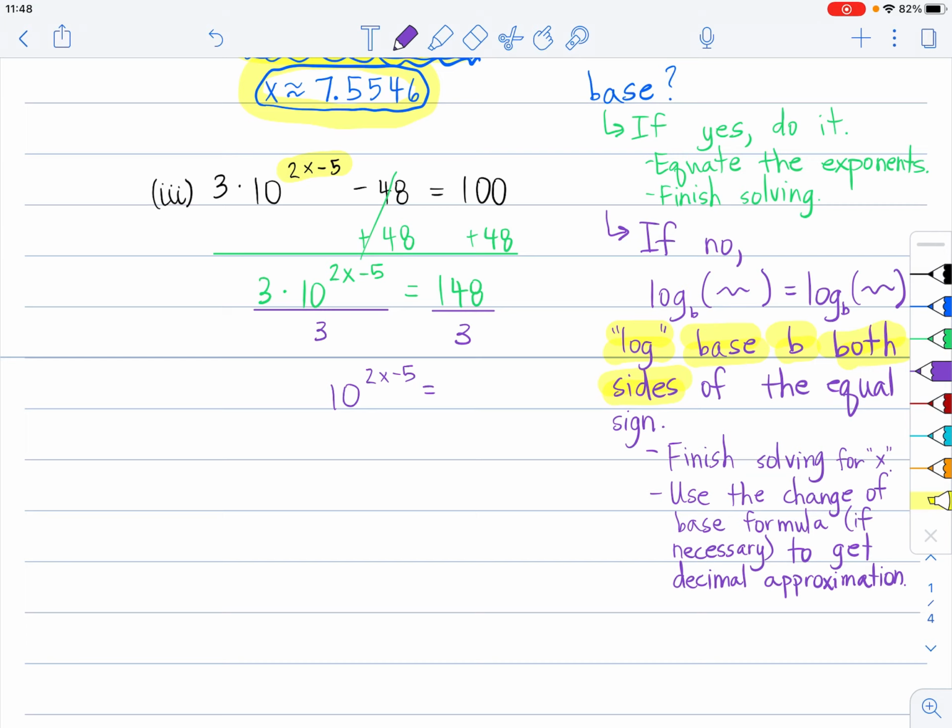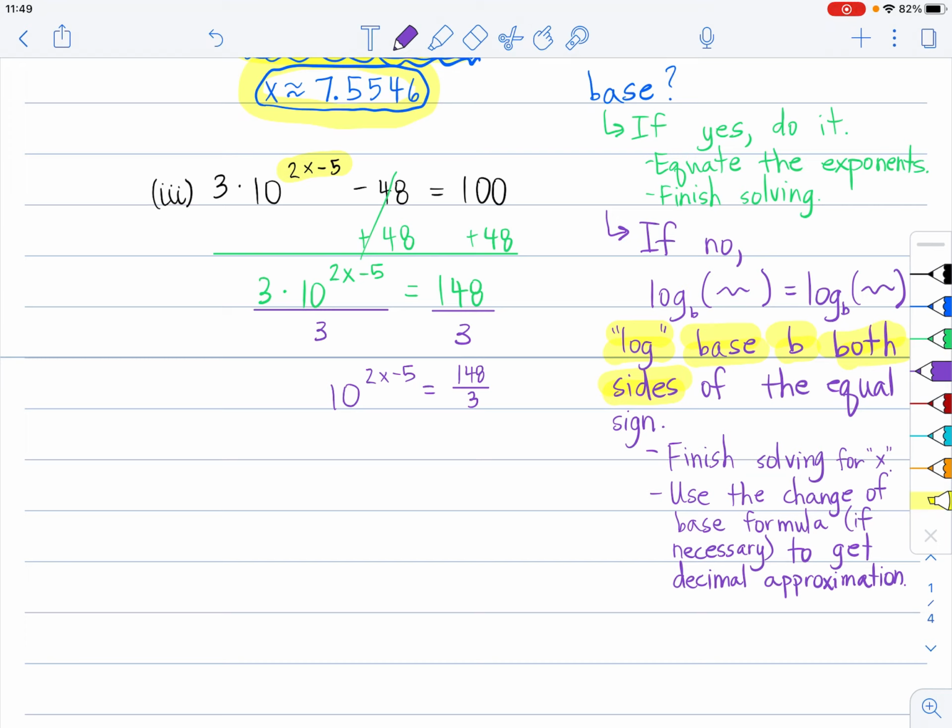148 divided by 3, according to my calculator, is not a nice number. So I guess we're going to leave it 148 divided by 3 for now. It's a fraction that doesn't reduce because 3 is a prime.